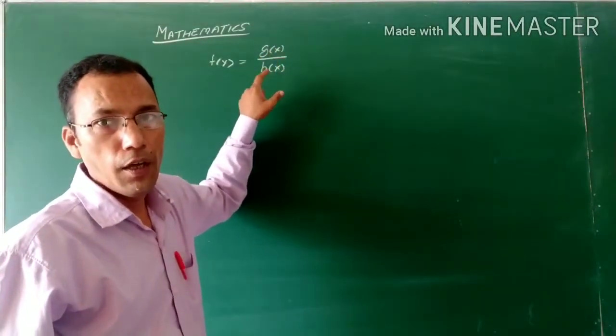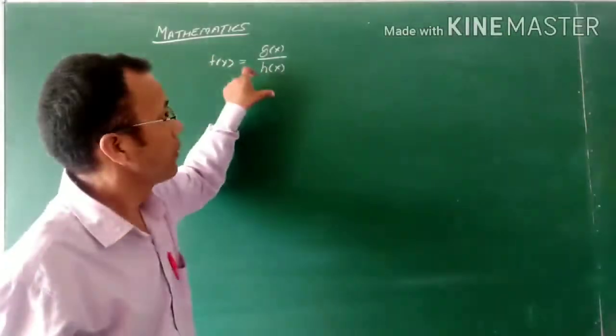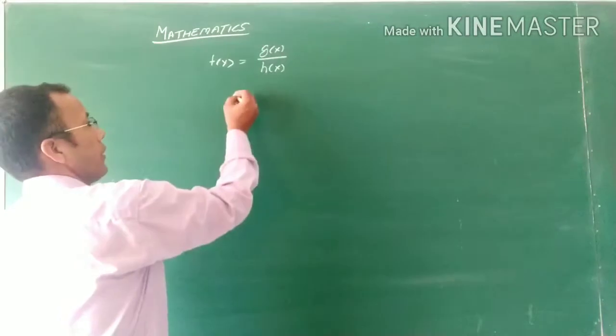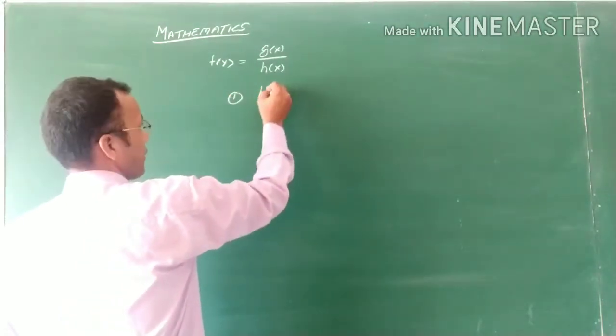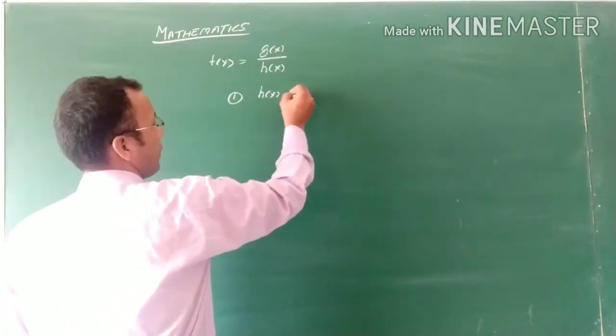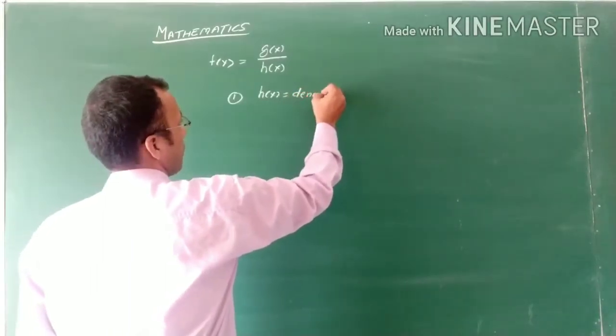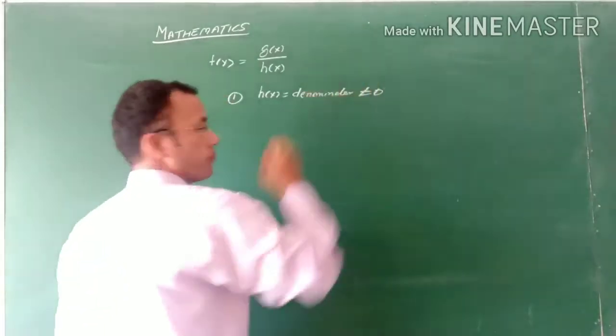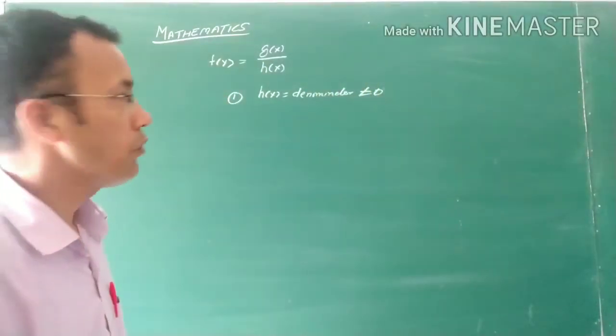If you want to find the domain and range of such functions, the first condition is that h(x), the denominator, is not equal to 0. Denominator is not equal to 0.